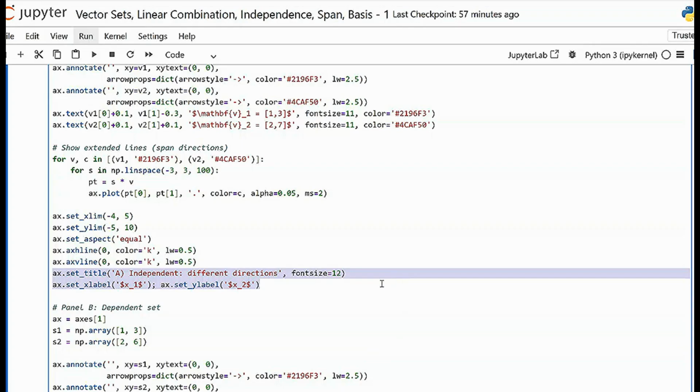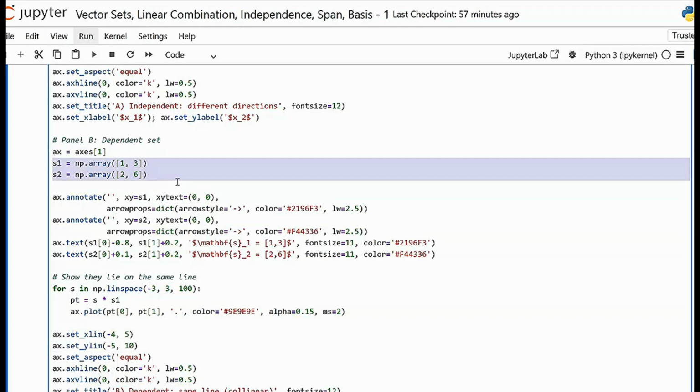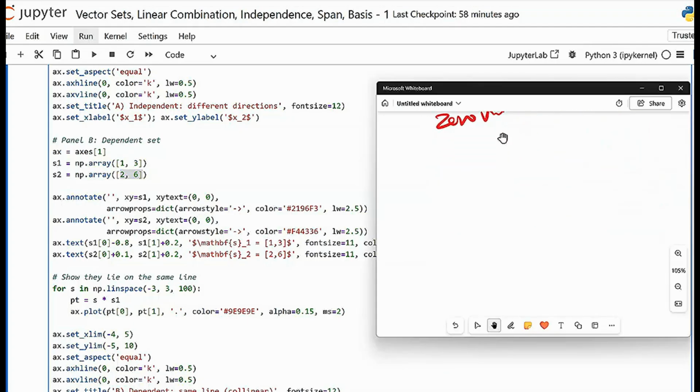Dear friends, now let me move on to panel B. Amazingly, we switch to the right subplot, and it defines the two vectors here, S1 and S2, which I think we have already discussed: 1, 3 and 2, 6.